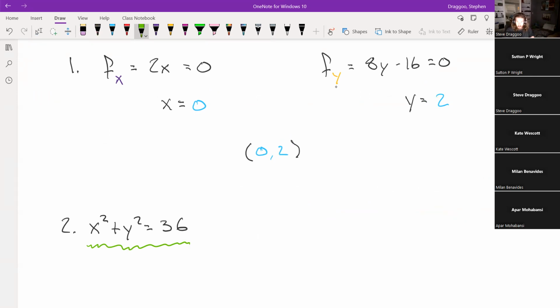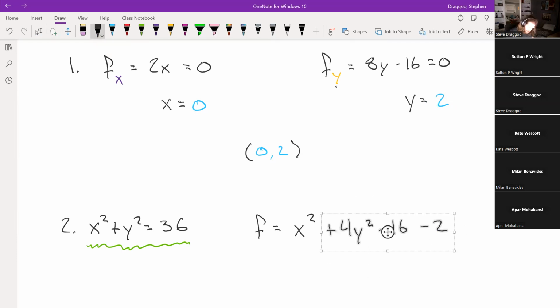So what I'm going to do is substitute one equation into the other. Probably the easiest way to do that is recognize that f, which was x squared plus 4y squared minus 16y minus 2, was my function.